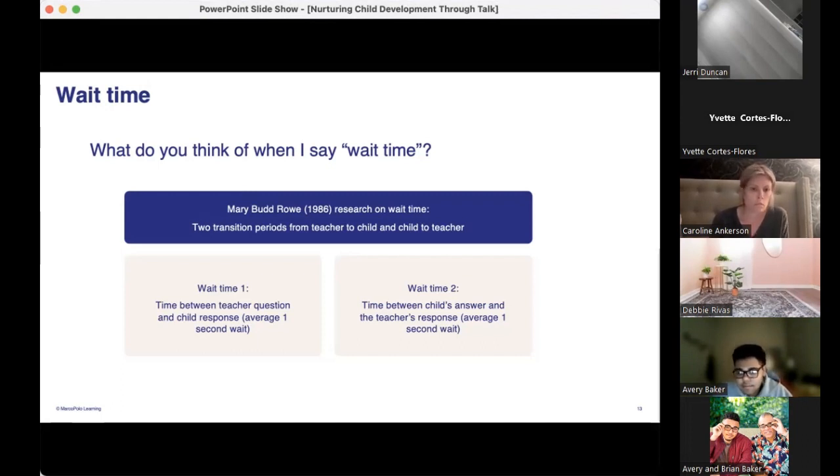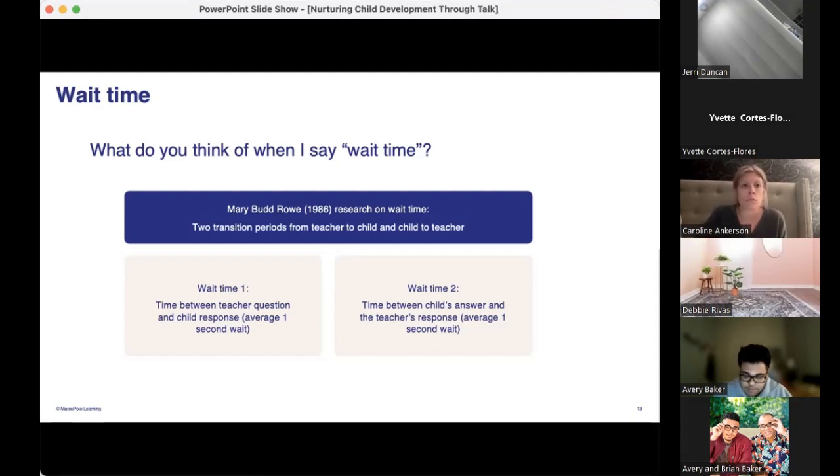With wait time 2, I'm going to increase the gap between what Avery says and what I say back to Avery. So it'll sound like this. What'd you do this weekend? Think about what you did. Did you go anywhere? Avery? Oh, I went to grandma's house. And then I wait.